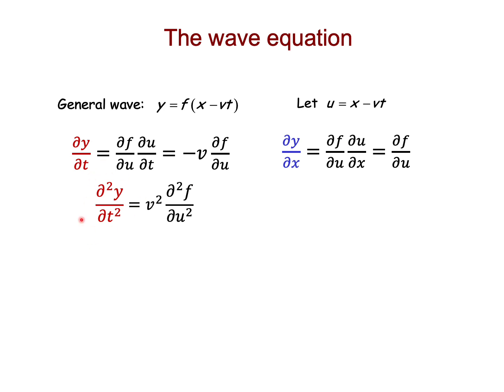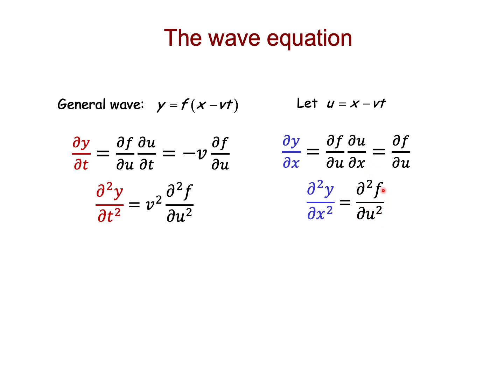On this side, we take the second derivative with respect to time. We get another factor of negative v, so that the second derivative of y with respect to time is equal to v squared times the second derivative of f with respect to u. And taking the second derivative with respect to x, we get that the second derivative of y with respect to x is equal to the second derivative of f with respect to u.